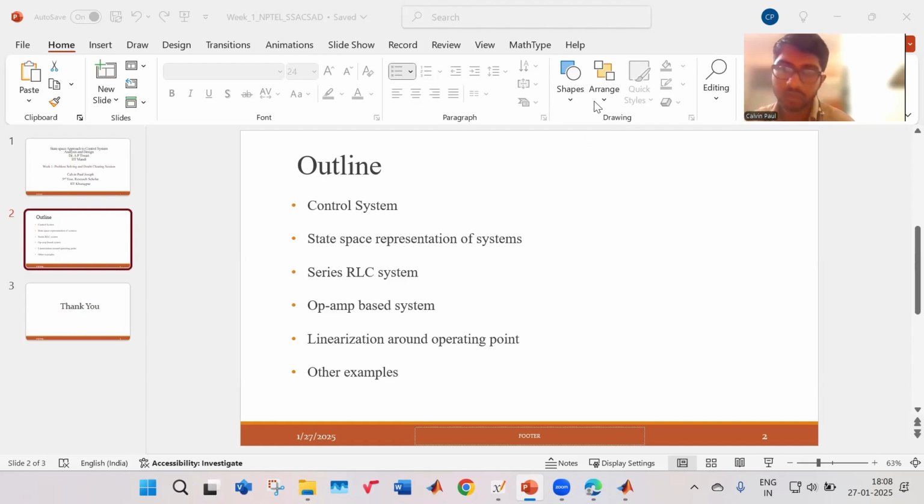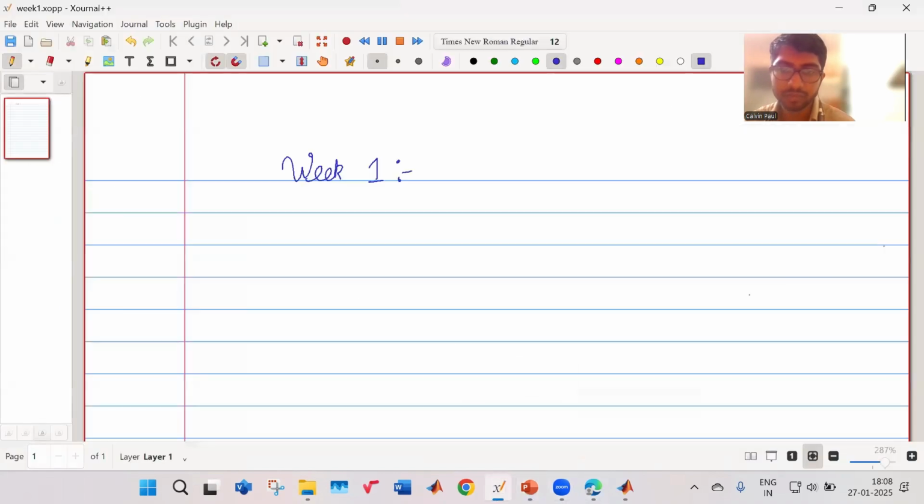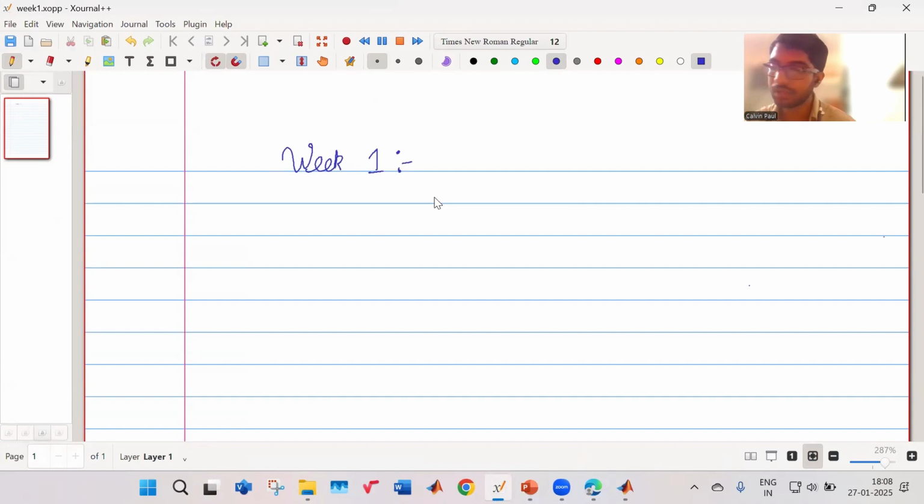Okay, then I'll start with the session. The reason we do state space analysis is that we want to analyze a system, and when we want to analyze a system, the objective is to control the system.